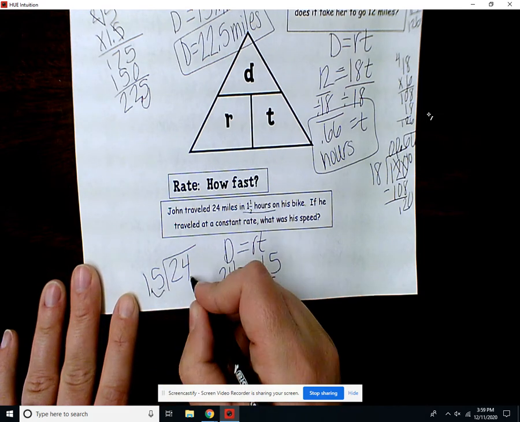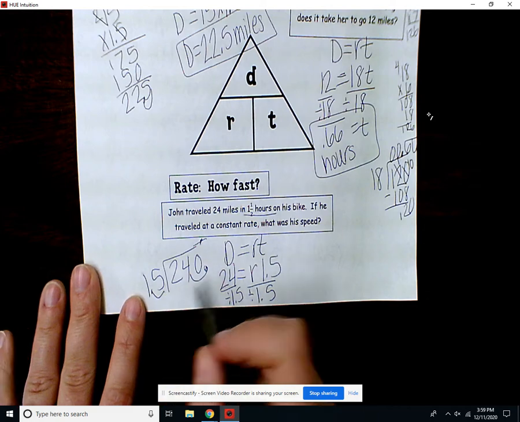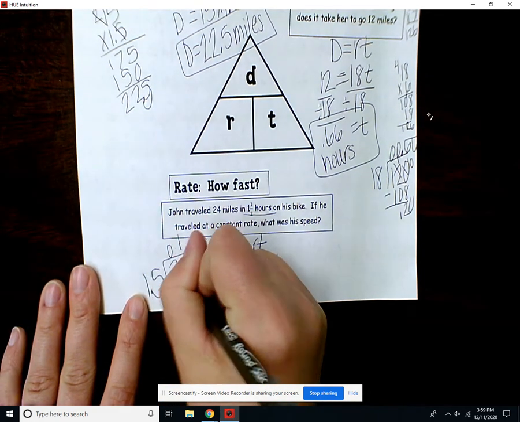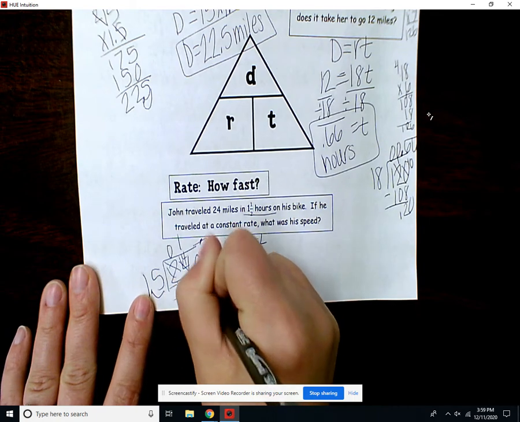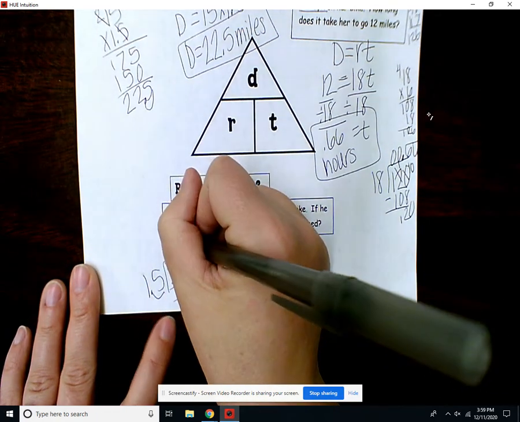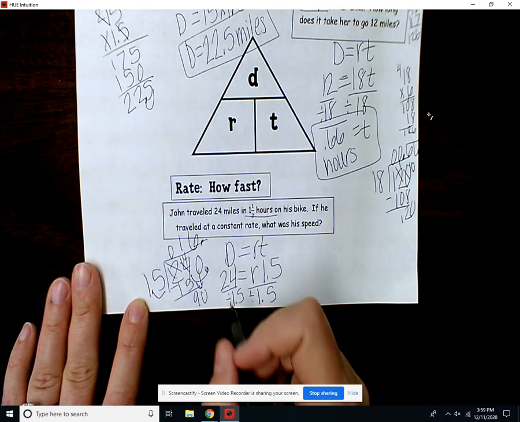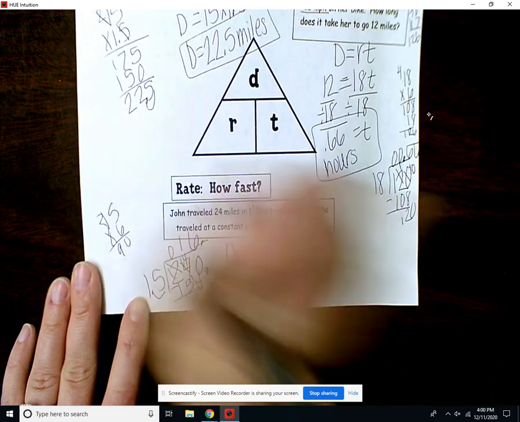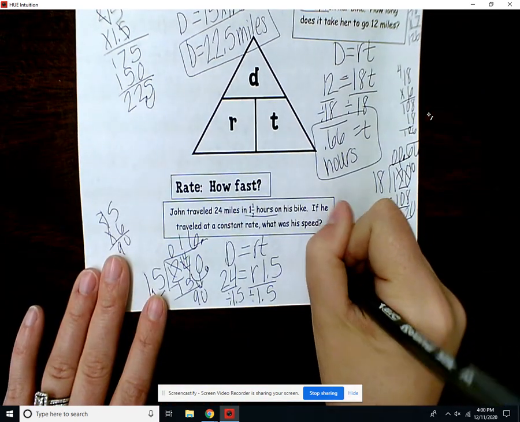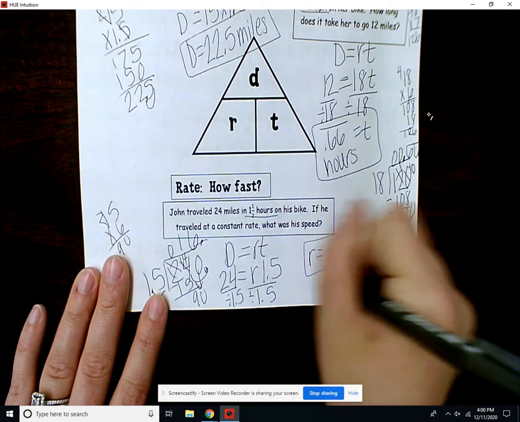Move our decimal over 1 in both numbers. 15 is going to go into 24 one time. And then 15 will go into 90 6 times. And so R equals 16 miles per hour.